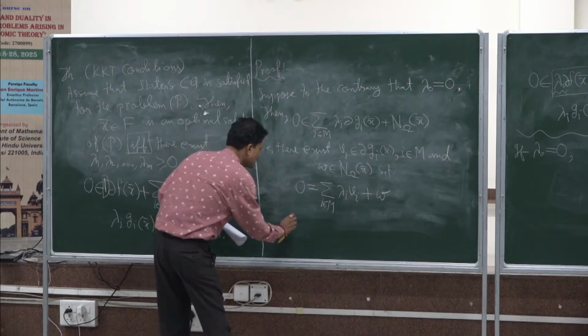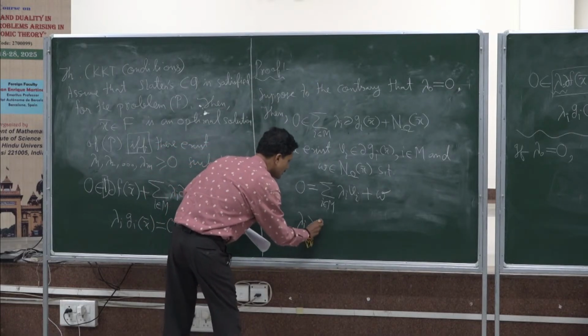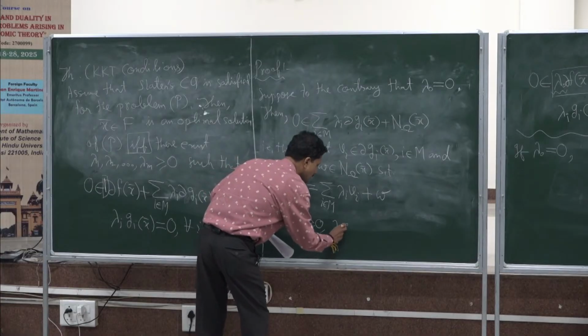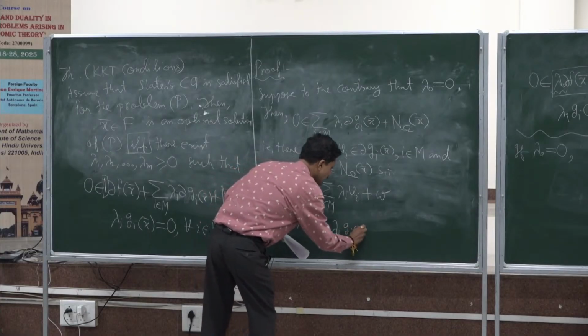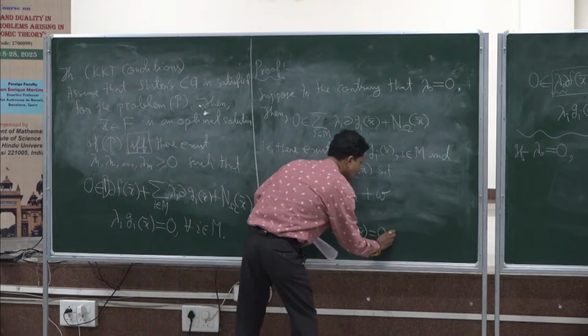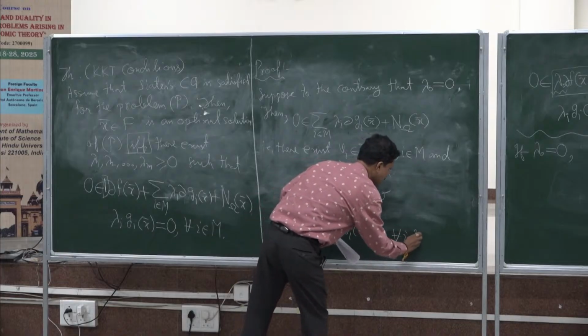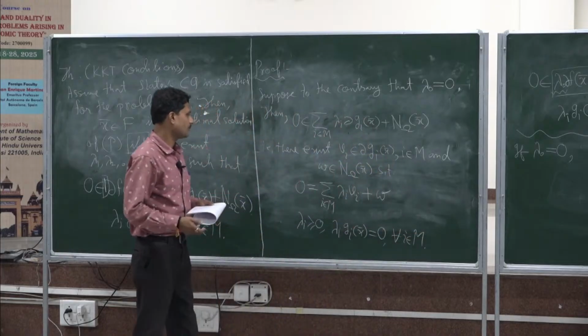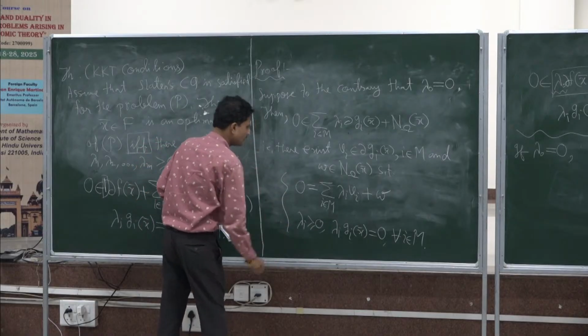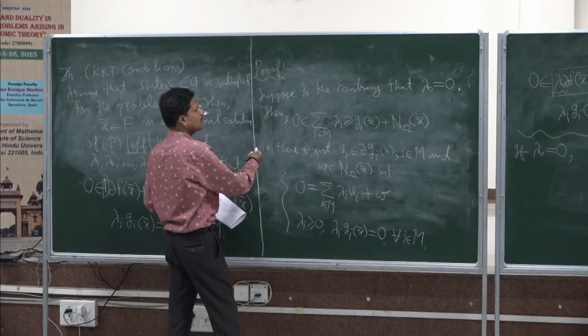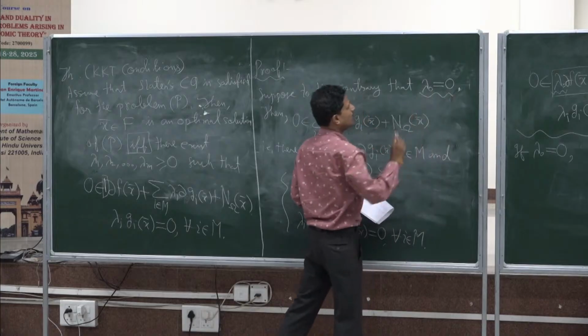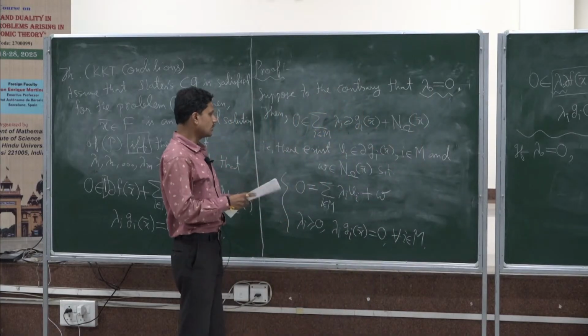Along with this, lambda i is greater than or equal to 0 and lambda i gi of x bar is equal to 0 for every i in m. This is from the Fritz John condition, and we are assuming that lambda naught is equal to 0.